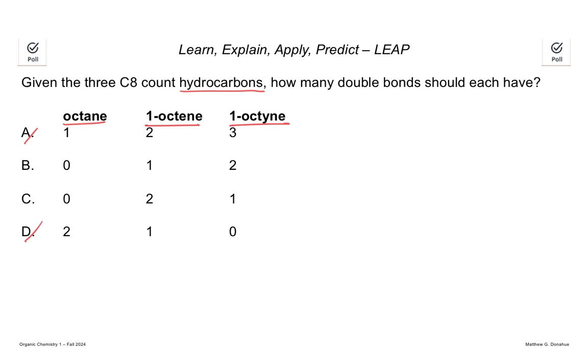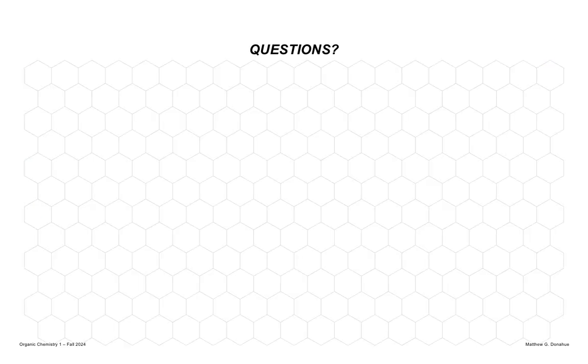An alkene should have 1, so C is out. B is the correct answer because 1-octyne should have 2 double bonds. Any questions?